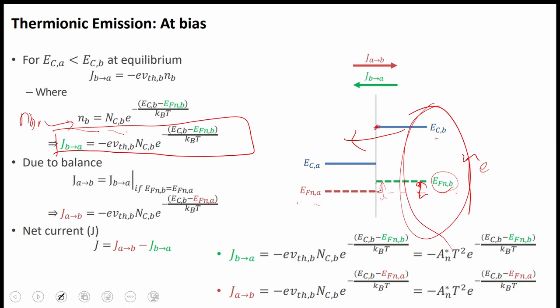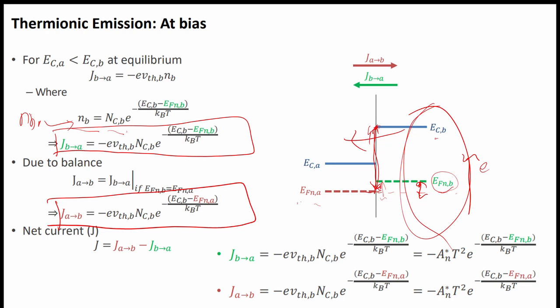What is the gap between these two? This gap will also dictate the current that is flowing from the metal to the semiconductor, and it will be given by this formula.